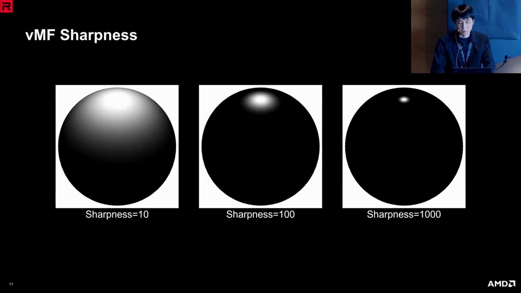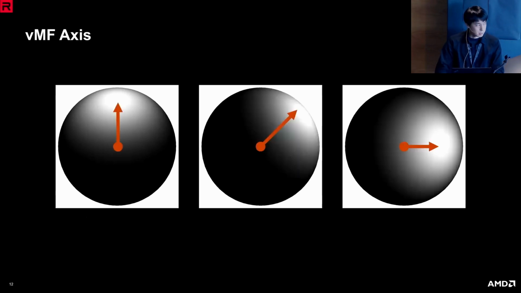The sharpness parameter corresponds to the reciprocal of variance of Gaussian distribution. And this is VMF lobes with different axis parameters. The axis parameter corresponds to the mean position of the Gaussian distribution, but it is restricted on a unit sphere. By approximating the spherical PDF into this simple lobe representation, we can compute the PDF similarity inexpensively.